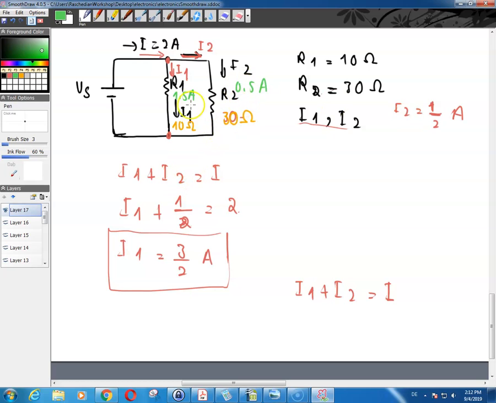You can see that the value of this resistor is 1/3 the value of this resistor, but the current going through it is 3 times the current going through the other resistor. So the lower the value of resistance, the higher the current going through that resistor, and vice versa, of course. So that's basically this circuit.